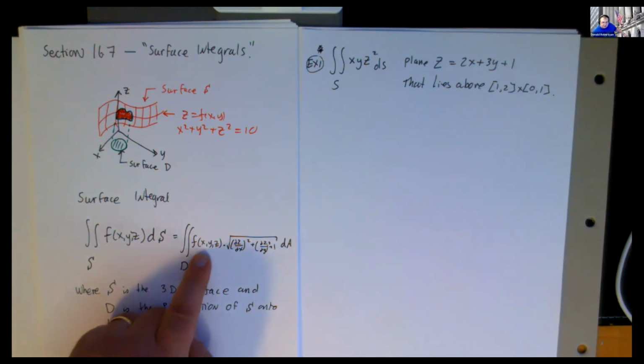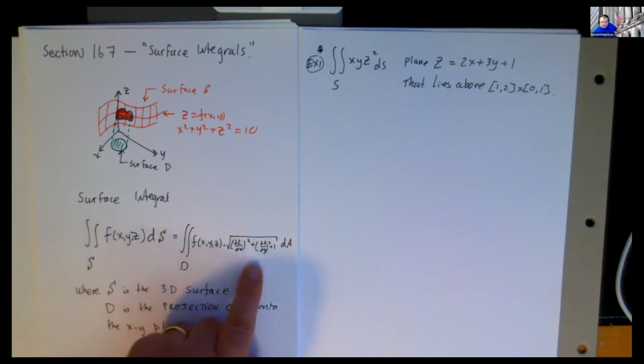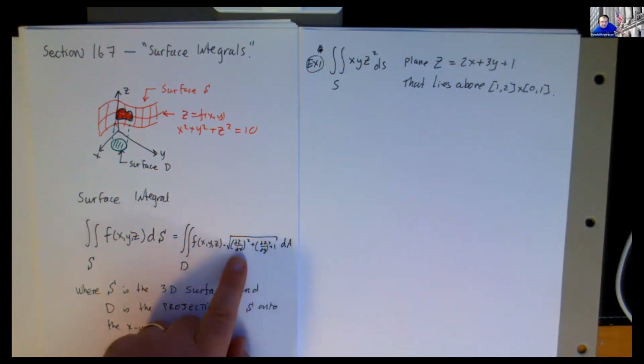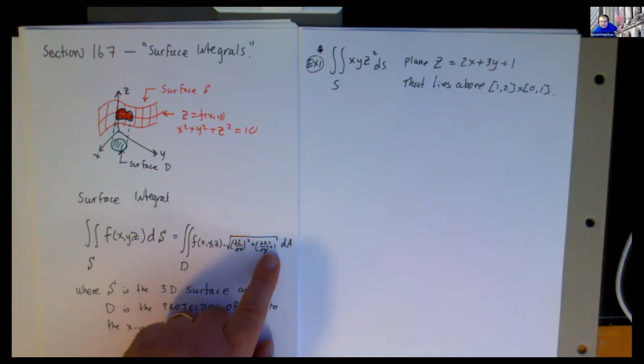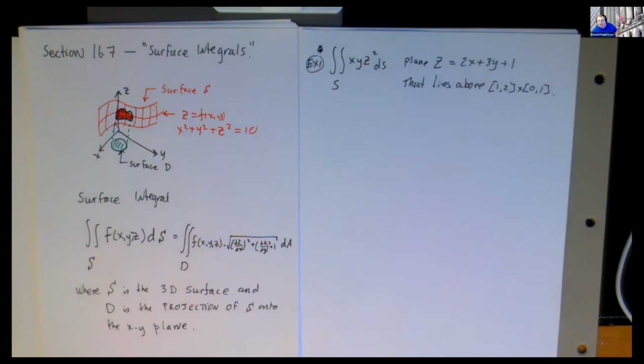It's still got the function f(x, y, z), and it's got this little extra bit: the square root of that guy squared plus that guy squared plus 1, dA. And dA is a placeholder. dA is for dx dy, but sometimes you'll use polar, and it'll be a placeholder for r dr d theta.